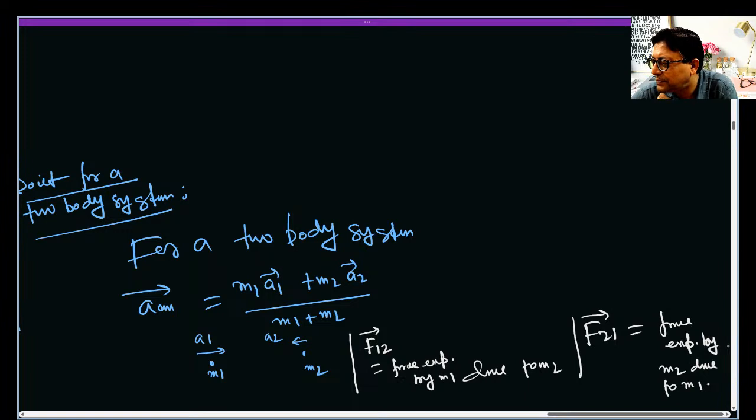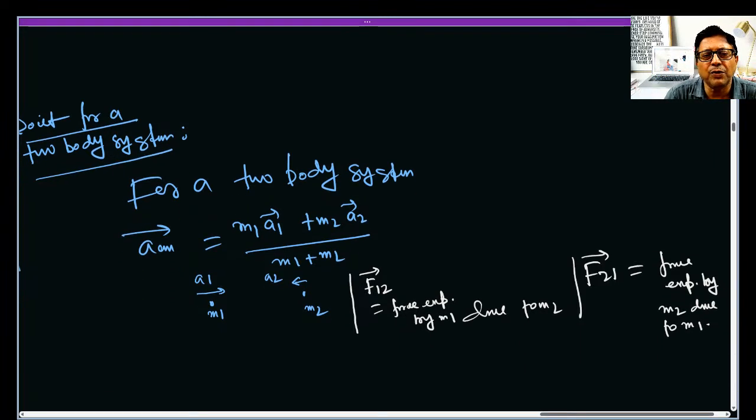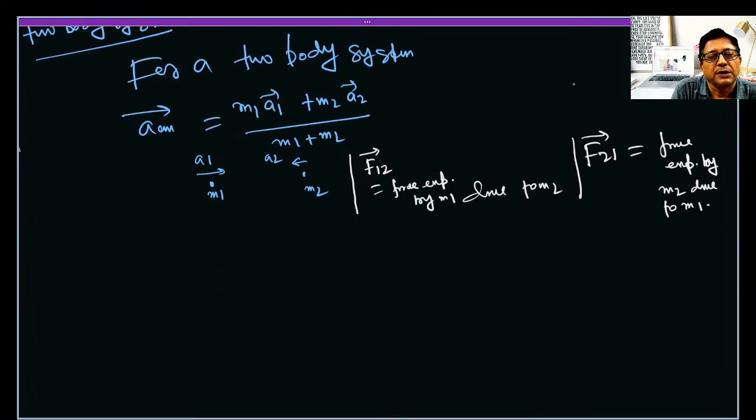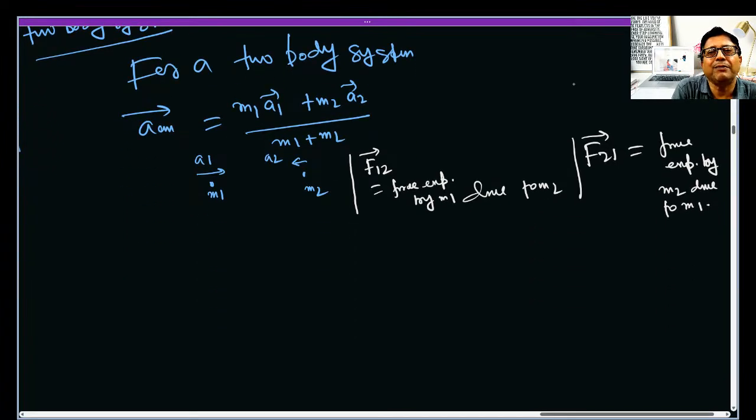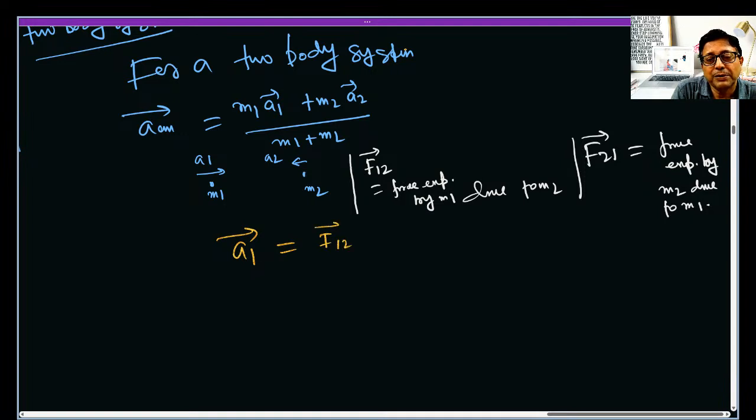Done, it's coming. Check once. ACM equal to what? A1, the acceleration of first body, will be force experienced by M1 due to M2, F12, divided by M1. A2 will be F21 by M2.